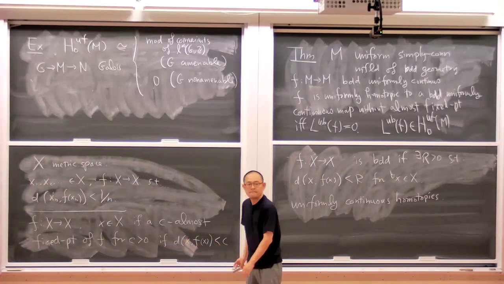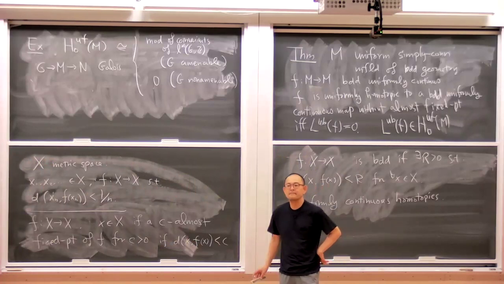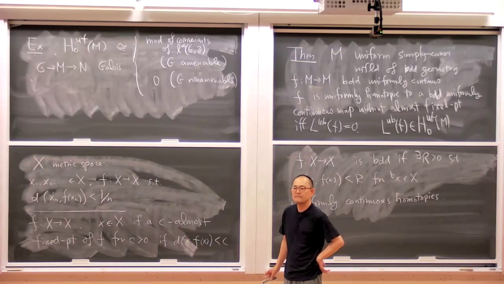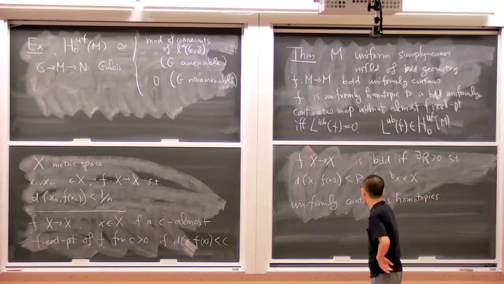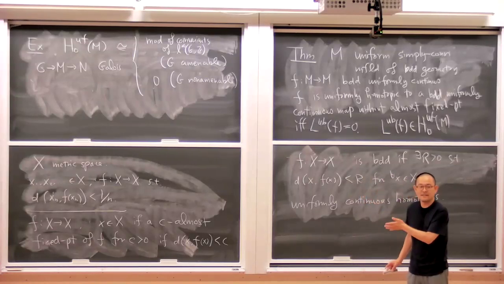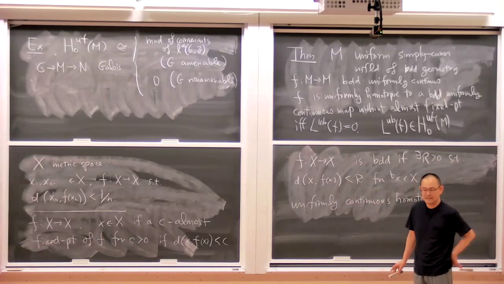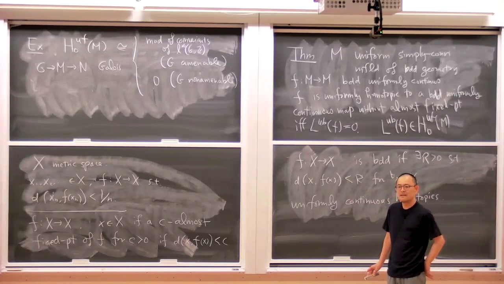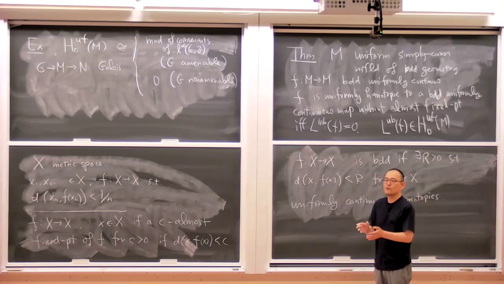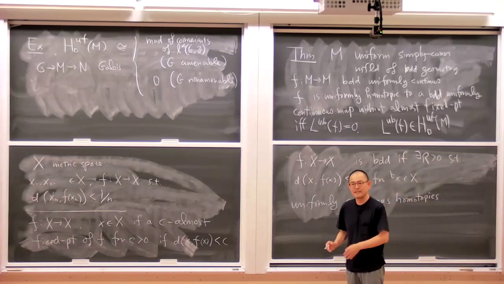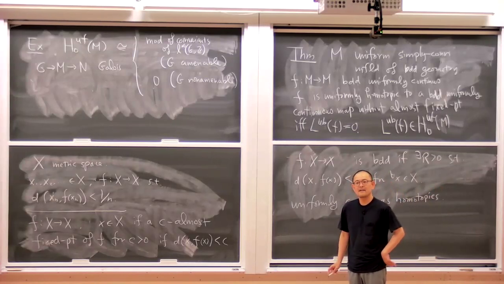When you say continuous map without almost fixed point, you're saying there exists a C such that... No, there is a map which has no C-almost fixed point for all C. But how can that be? Because you can only move a point finitely far away.